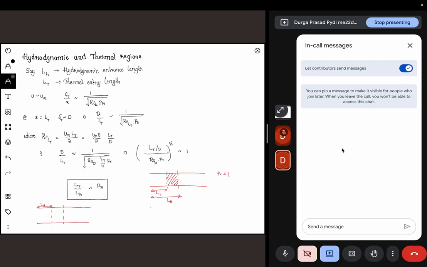This will be LH, and this will be LT. So if I'm solving for a fully developed thermal profile, then obviously it will be fully developed in the hydrodynamic case as well, because after this point it is fully developed in the velocity. So I can use the fully developed velocity to solve my energy equation. This is for Prandtl number greater than 1. Right, knowing the Prandtl number can help in that way. Okay. Are there any questions up until here?